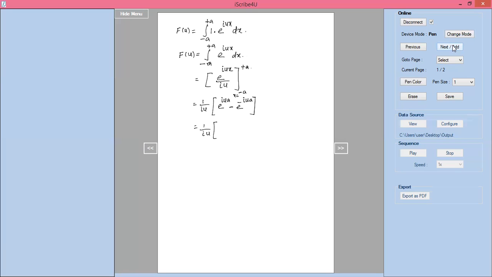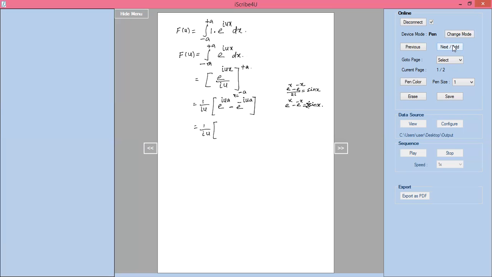That is nothing but, e^(ix) minus e^(minus ix) divided by 2i is nothing but sin x.